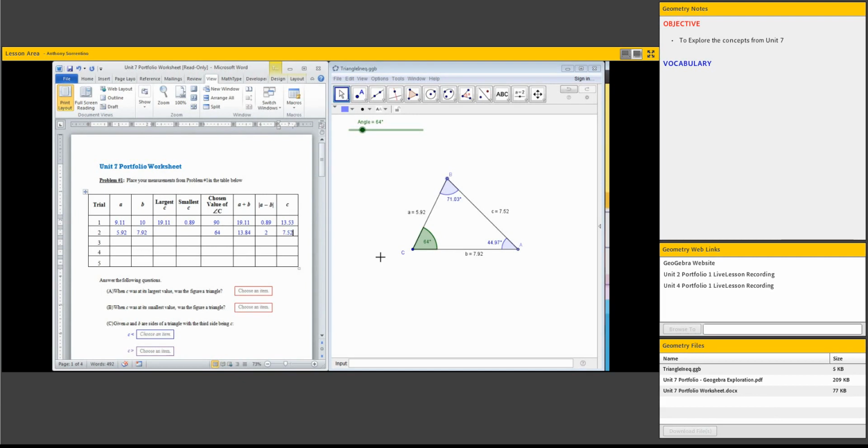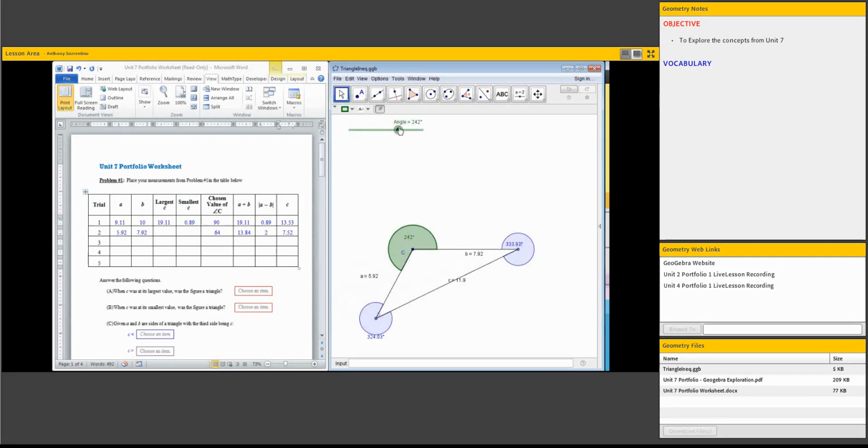Now again, for largest and smallest, as I go down to 0 degrees, C gets smaller and smaller until I reach 2. If I go any lower than that, or come back around this way, C is always higher than that, and it gets back to 2 units.